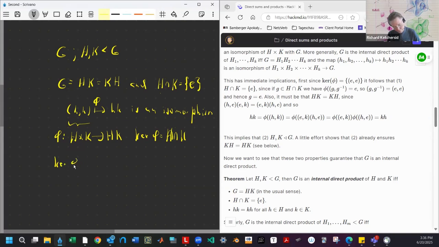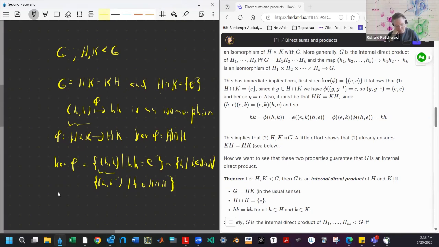So the kernel of phi equals the set of all HK such that HK equals E. Just as before, it's the set of all H such that H is in H intersect K, because this is really the set of all H inverse such that H is in H intersect K.